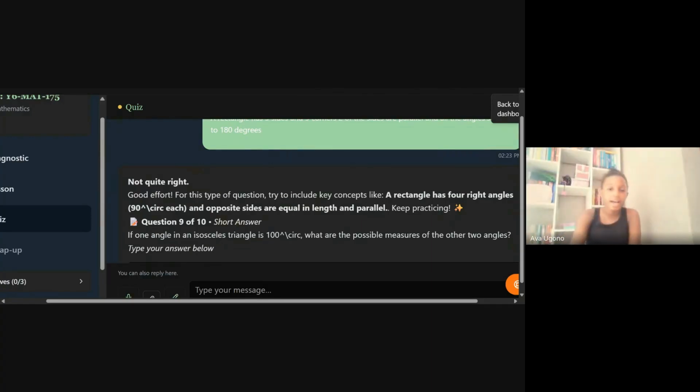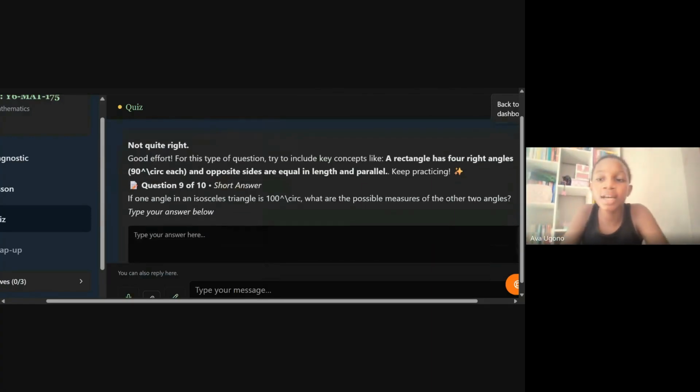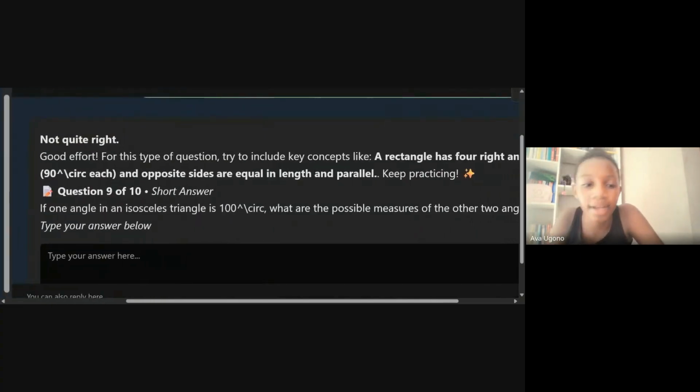Okay, so now I got this answer wrong because I didn't include all the details about the rectangle.